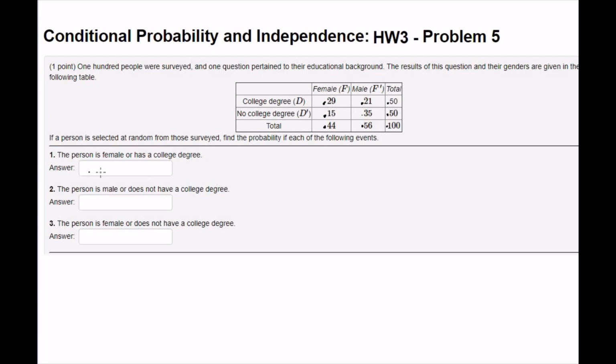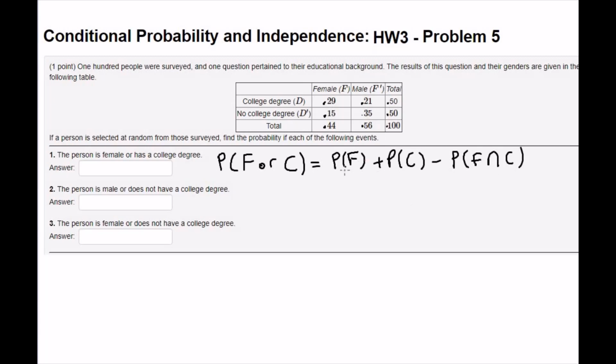So question number 1. The person is female or has a college degree. So probability of the person is female or college degree. So that is probability of female plus probability of college minus their intersection by the definition of union.